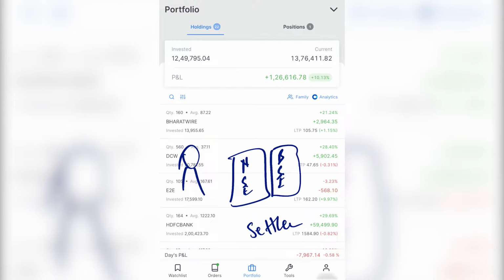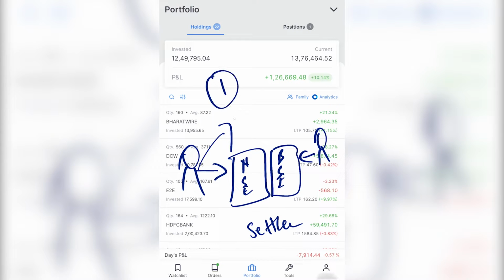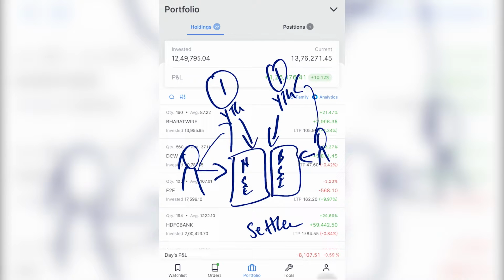Say Ram and Shyam, two people, are buying and selling on these exchanges. You are buying, say, one stock of your trade guide, and Shyam is selling one stock of your trade guide. Your orders are matching on either of these exchanges and money is changing hands.